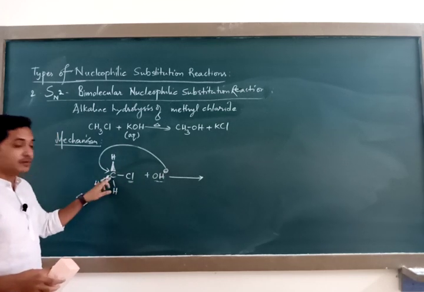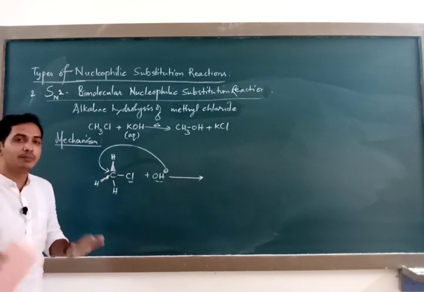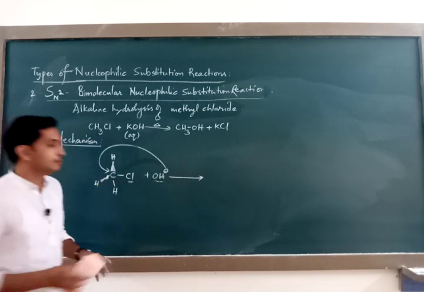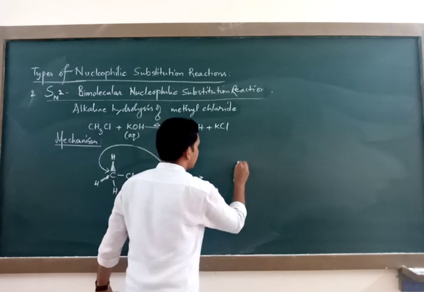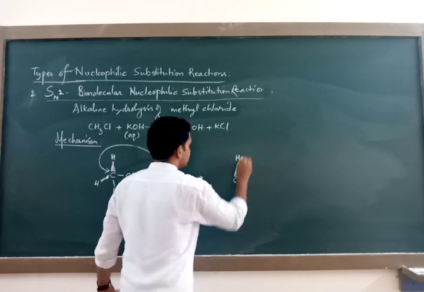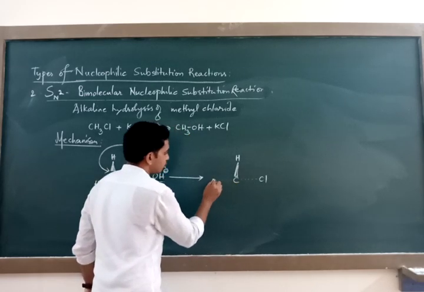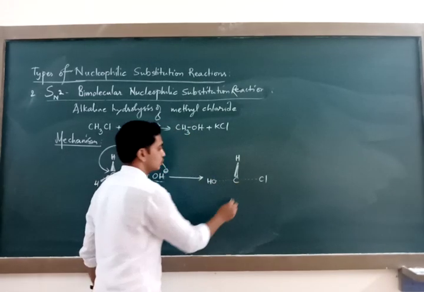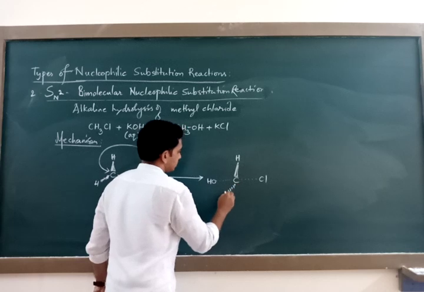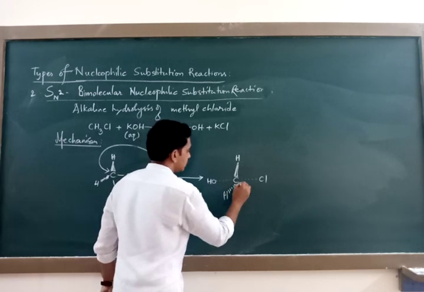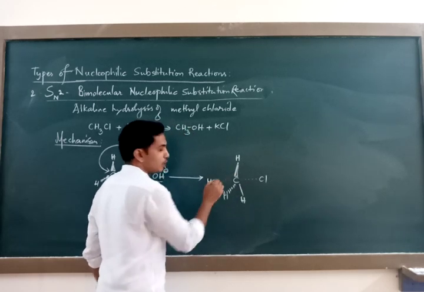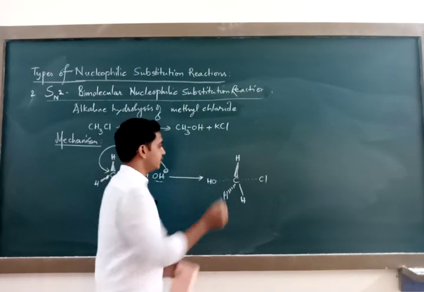Now if it attacks carbon from the back side, carbon for a moment temporarily becomes pentavalent. How does this happen? See, this was already a chlorine bond. A new bond gets formed with OH minus also. You already have one hydrogen here and one hydrogen here. So for a moment carbon becomes pentavalent.